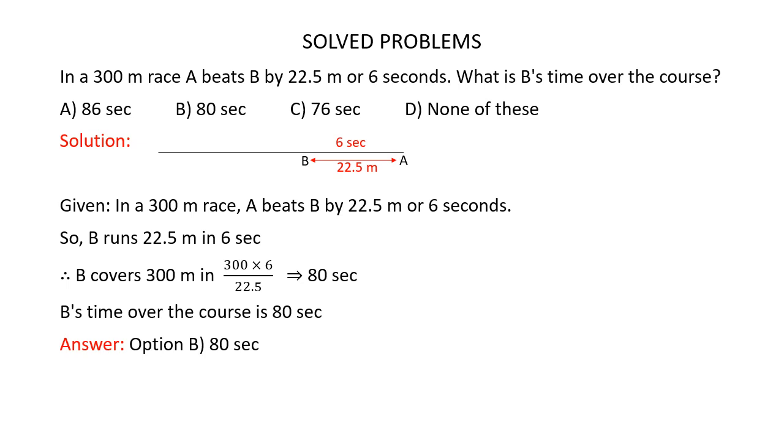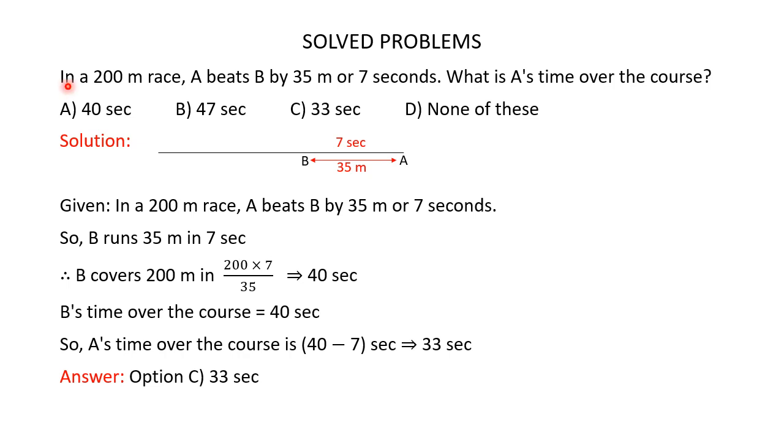So B covers 300 meters in 300 multiplied by 6 divided by 22.5, which is 80 seconds. So B's time over the course is 80 seconds. That is, B takes 80 seconds to cover 300 meters. So the correct answer is option B, 80 seconds.